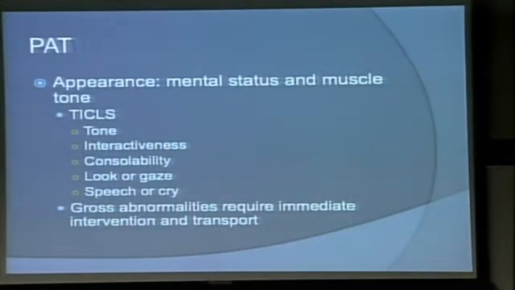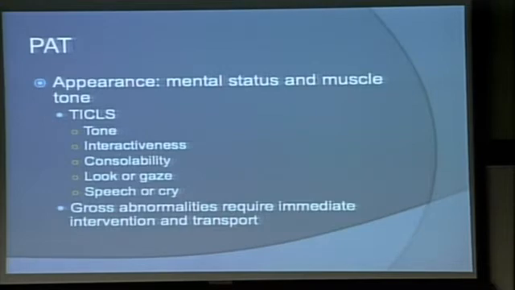Look or gaze. In other words, is the child looking at things, or are they not there? The light's on, but they're not home. Speech or cry. An older child can speak. Do they have normal speech for the age? Is their cry abnormal?